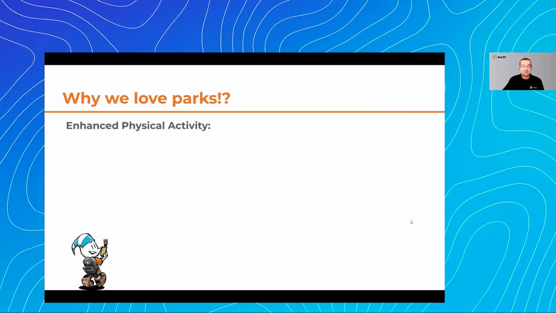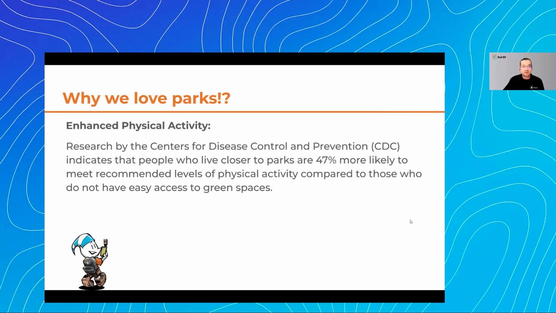How about enhanced physical activity? Research by the Centers for Disease Control and Prevention, the CDC, indicates that people who live closer to parks are 47% more likely to meet recommended levels of physical activity compared to those who do not have easy access to green spaces.